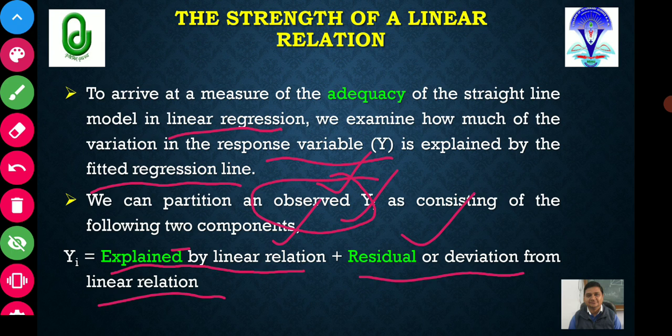So one which is not getting explained by the model is coming into the error. So variation in the dependent variable will be of two components. First is explained by the linear relationship, and another is the error or residual, which is not getting explained by the linear relationship.